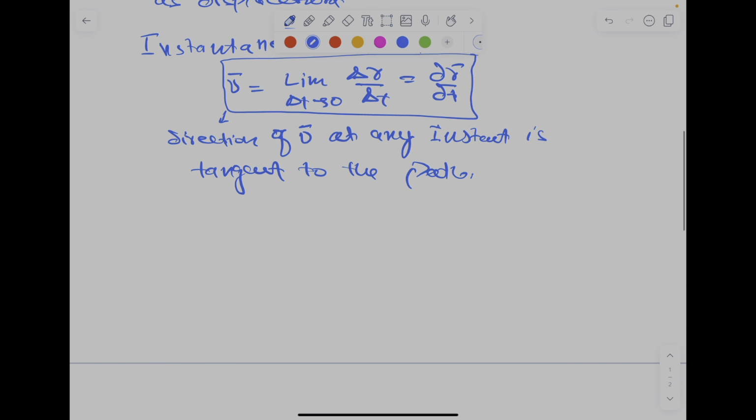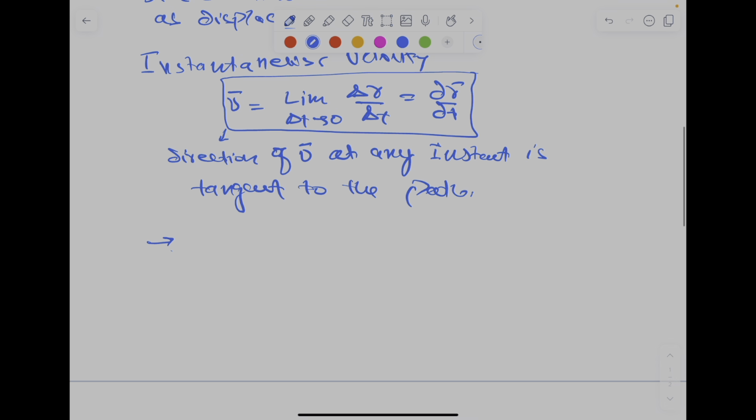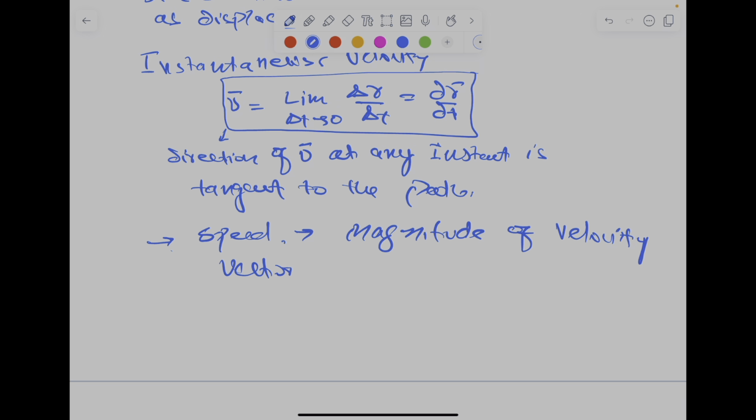Okay, so we can get the speed just by taking the magnitude of the velocity vector. So your speed is just the magnitude of your velocity vector.